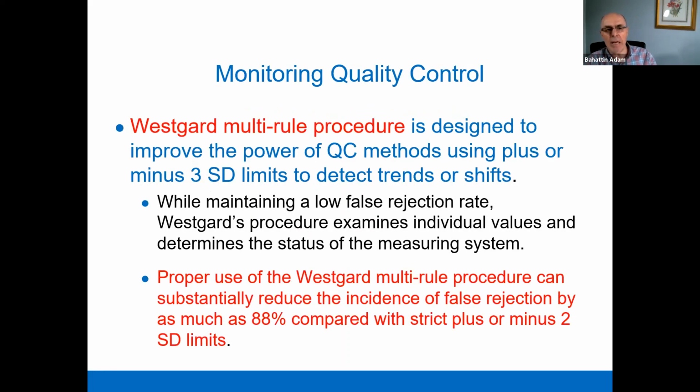As I said, the Westgard multi-rule procedure is designed to improve the power of the QC methods using plus or minus 3 standard deviation limits. If it exceeds 3 standard deviations, that means the Westgard rules are violated. You have to stop working with the patient's samples.